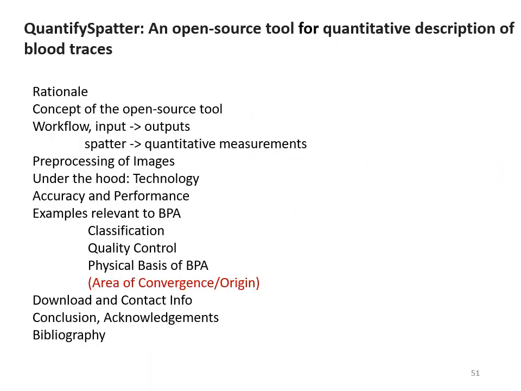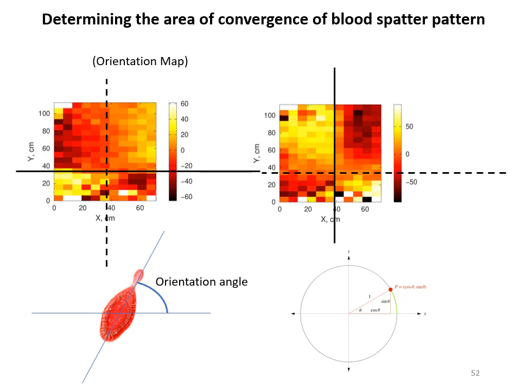The last thing I want to show you is the possibility of using this tool to determine areas of convergence or origin. That's something that is not implemented yet in the stuff that I put online, but basically you can plot functions of the orientation angle, the directionality if you want, and if you know your trigonometry well, you can have on your plot very strong color differences at the location where you have the height of the source of blood and the left-right position of the source of blood.